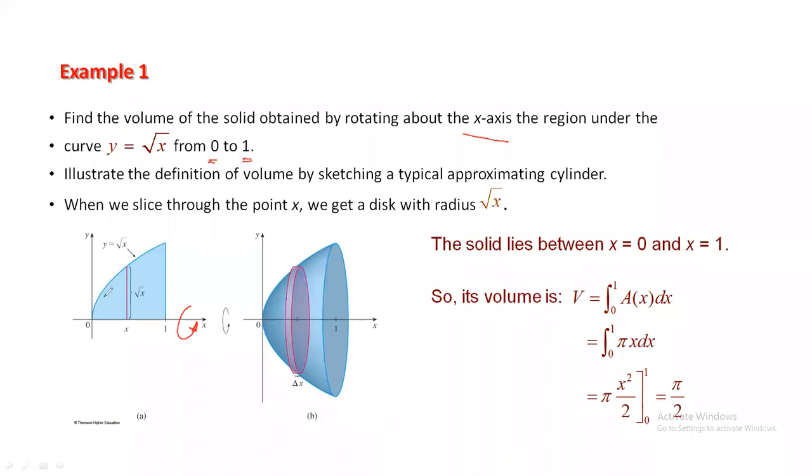So this blue area, you will rotate around the x-axis. Now, since it's bounded from x equal to 0 to 1, this 0 to 1 will represent your limits of integration.